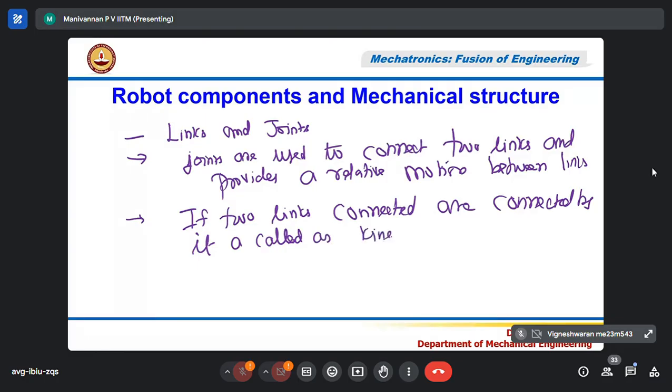Pair means two. Why does it become a kinematic pair? You are connecting two links by one joint, so the two links form a kinematic pair. Kinematic means motion. With respect to one link, the other link can move in a linear way or rotary motion. That's why it is called a kinematic pair.